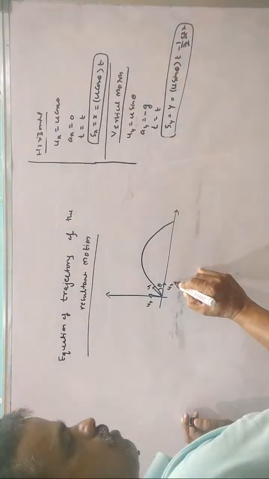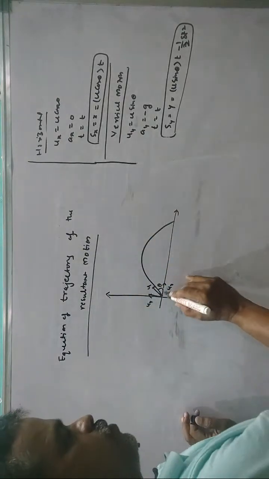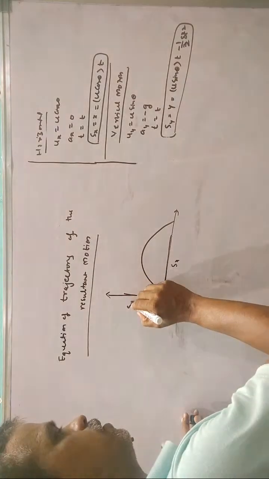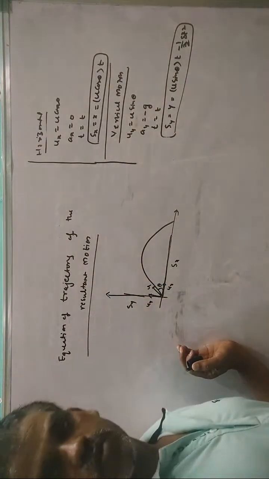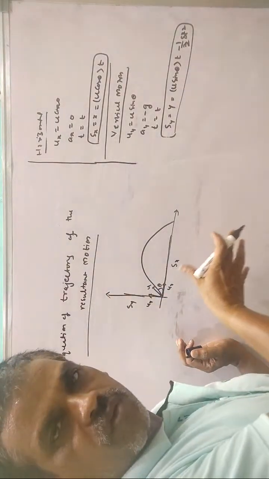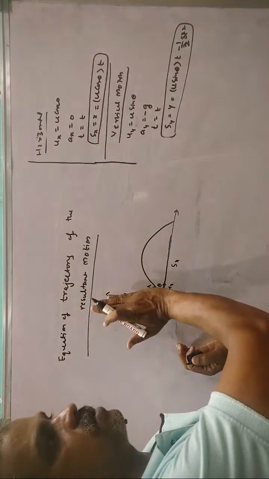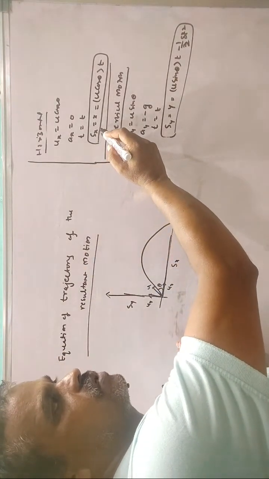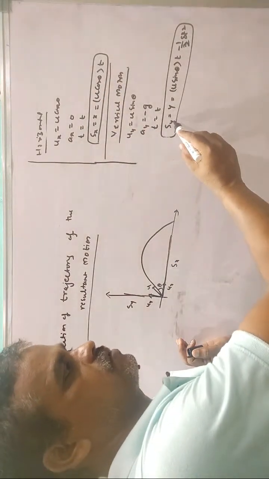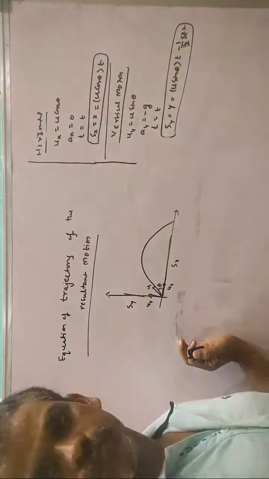So for the obliquely projected body, displacement on x-axis is sx, displacement on y-axis is sy. Along x-axis, that is horizontal displacement u cos theta into t. Along y-axis, vertical displacement u sin theta t minus half g t square.